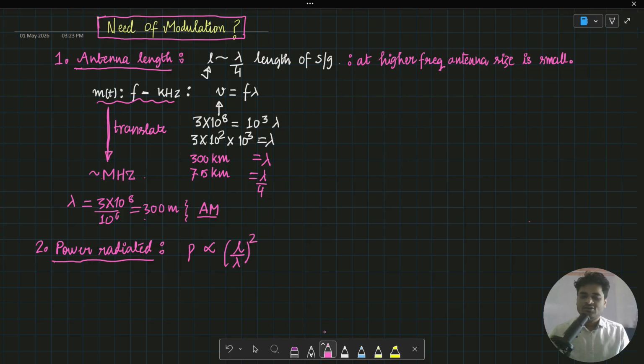So you can see that as 1 by lambda, meaning as lambda gets smaller, frequency gets higher.